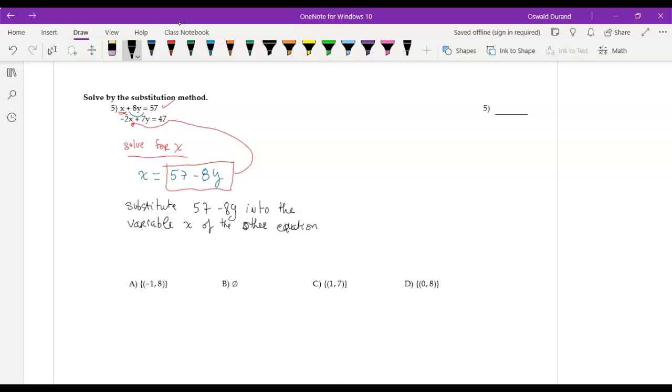Now it becomes -2 times (57 minus 8y) plus 7y equal to 47. Now you notice that you only have one variable in that equation. Once I do that, now I can focus on solving for y.